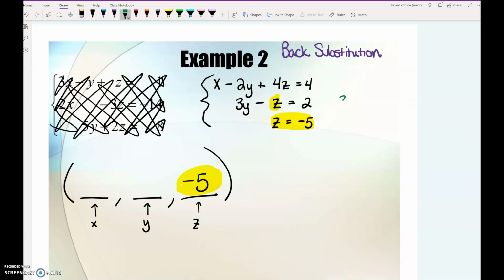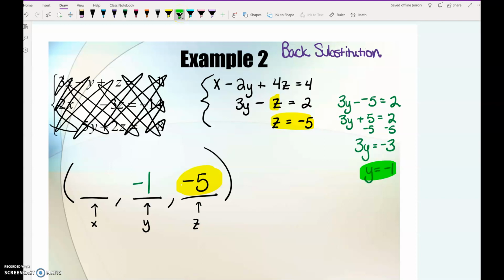So we would do 3y minus a -5 equals 2. That's 3y plus 5. We would then subtract 5 on both sides and get 3y equals -3. So what does y equal? -1.